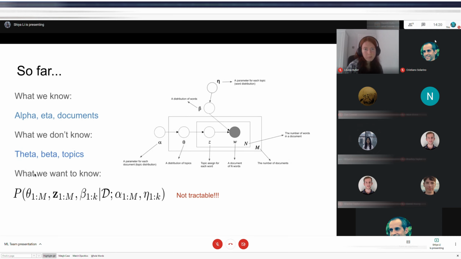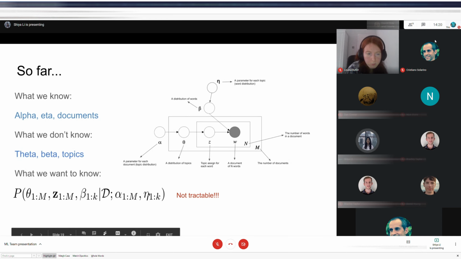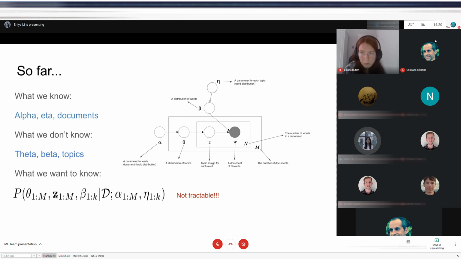So what we want to know is, mathematically it looks very complicated, but I will try to explain it. Given documents D, the input documents D, and our initial value alpha and our initial parameters eta, we want to know the distribution of theta and our topics set and our distribution of words for each topic beta.